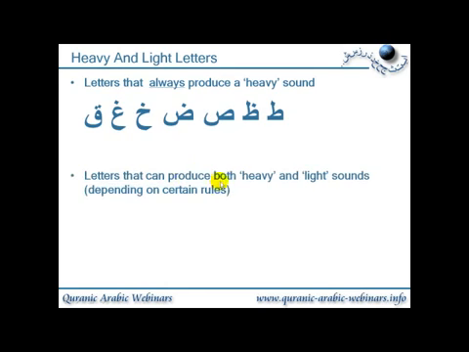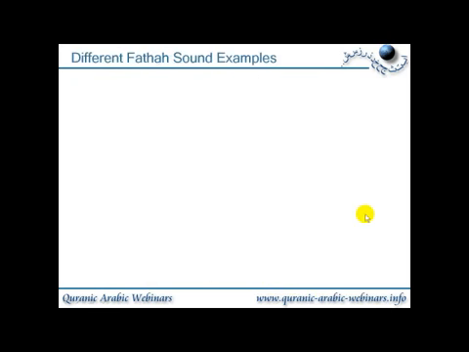Letters that can produce both heavy and light sounds, and this is depending on certain rules, is lam and ra. All other letters always produce light sounds. So as long as you can remember these 7 letters and these 2 with a few small rules, everything else you just pronounce as light sounds.